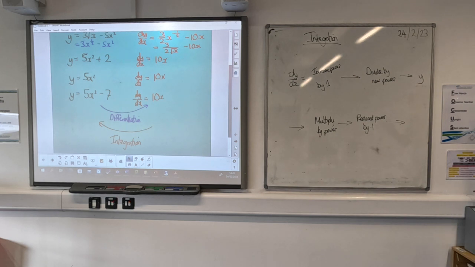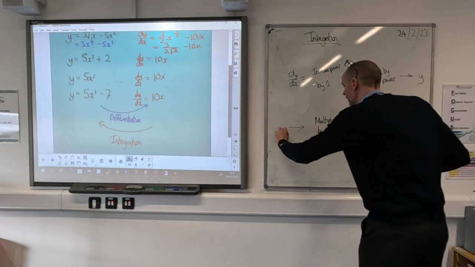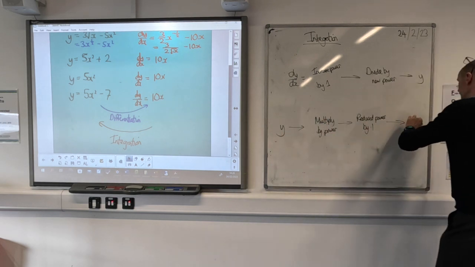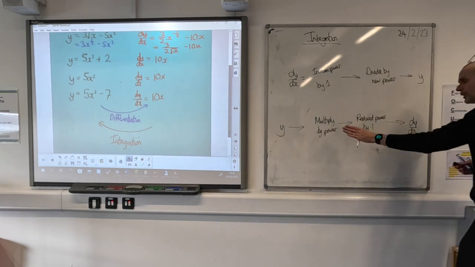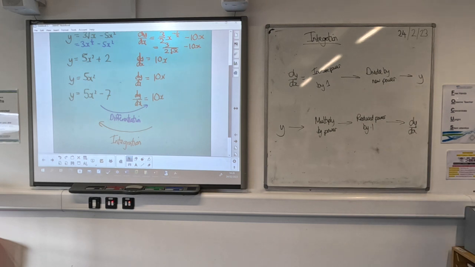It undoes what's been done. We increase the power by 1 and divide by the new power. Differentiation: multiply by the power, reduce the power by 1. Integration does the reverse.